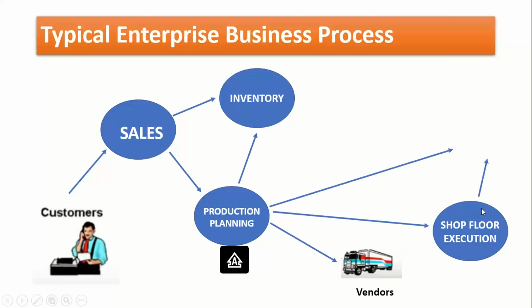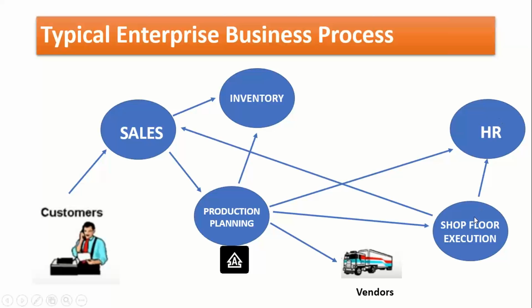Then the factory manufactures the product. For that, they need additional resources, that is, more people. They contact HR. HR is told, boss, I have to deliver 10,000 products, I need two more employees. HR provides these employees to them. Then the shop floor finishes manufacturing the 10,000 products.